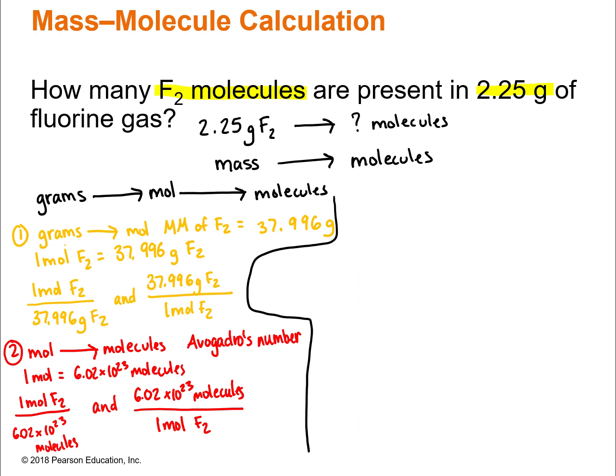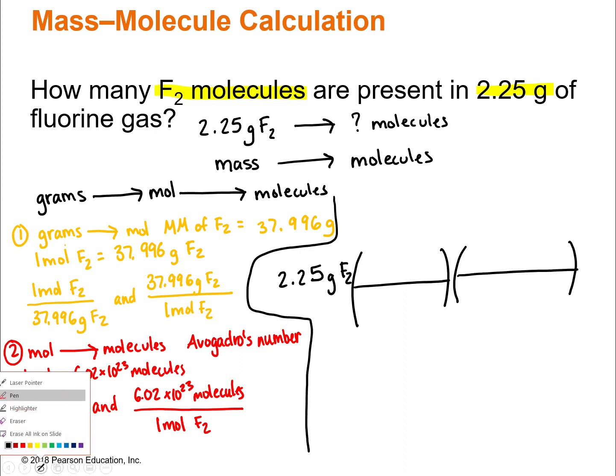Now let's put our whole equation together. We're starting with the mass of fluorine gas. First, we choose our unit factor that's going to take us from grams to moles.